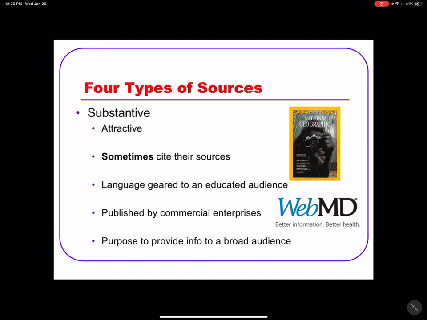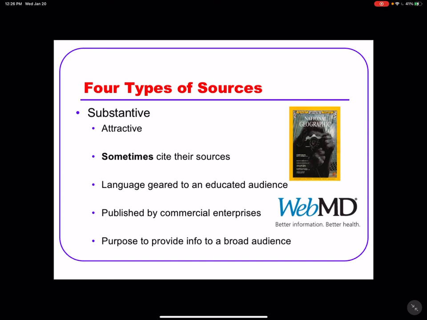So when you started finding the real research, the original sources, you would have a better understanding of things than if you had read a popular source. So that's the substantive. So far we've got the sensational, which is bad, the popular, which is okay, the substantive, which is a little bit better.